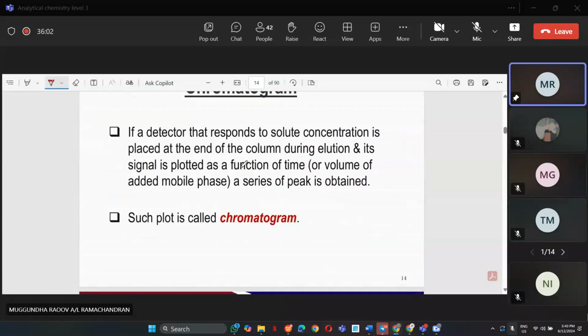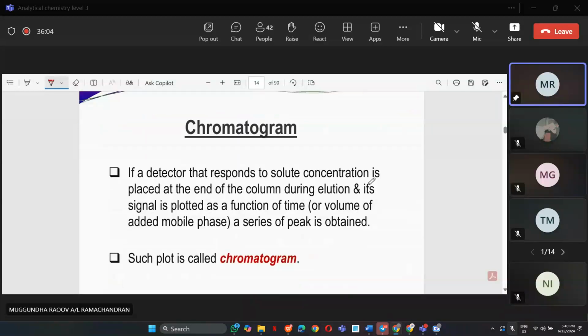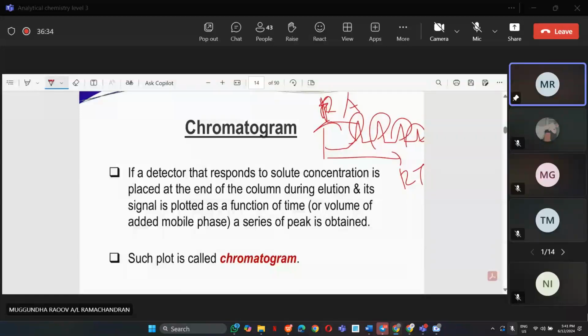Now, if a detector that responds to solute concentration is placed at the end of the column, during elution we get a signal. Here we have our peak area: Y is the peak area, X is the retention time. Usually when we are separating compounds, it will separate like this. Y is the peak area, X is the retention time, and such a plot we call a chromatogram.